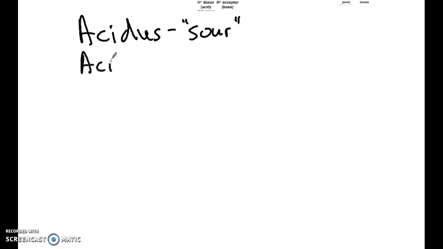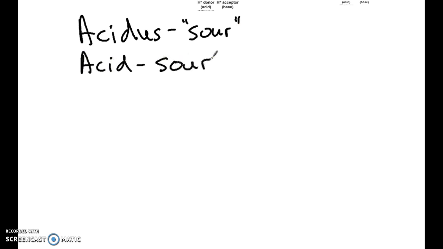So first of all, let's talk about acid first. The word acid comes from a Latin word, just like a lot of our other words, and it comes from the word acidus. And acidus basically means sour. Okay, and so acids are chemicals that have a sour taste.